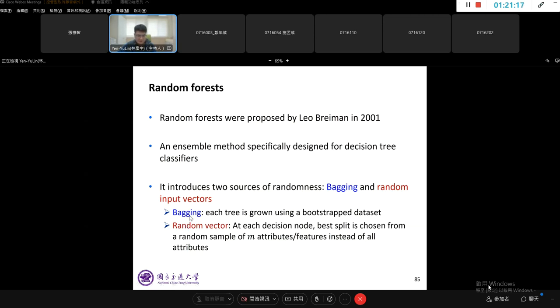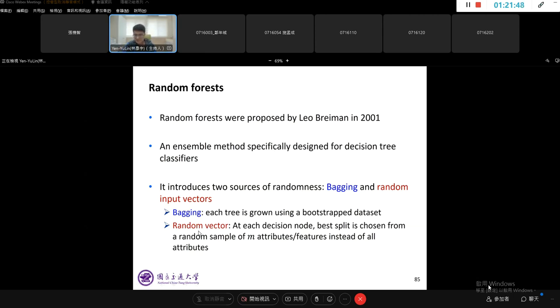For data randomness, or bagging, each decision tree is constructed by using a bootstrapped data set. It is used to ensure that all the decision trees are different, because they are constructed from different bootstrapped data sets. The second randomness is called the random vector.